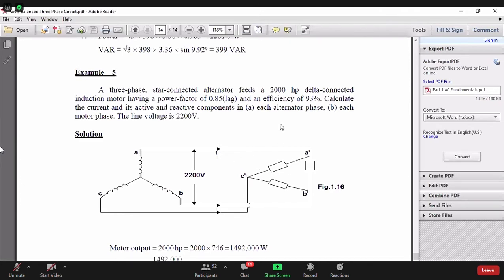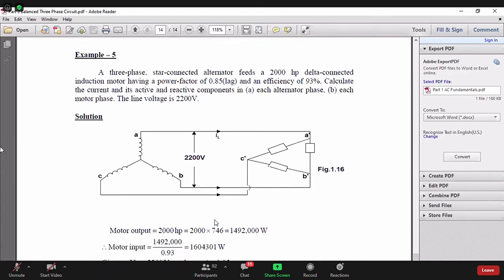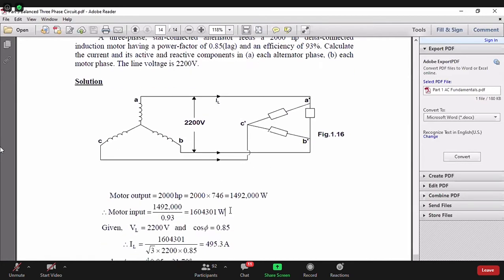For that, the efficiency of the motor is given, 93%. So first convert this 2000 HP to its equivalent watt. So multiply it by 746. Divide it by the efficiency. You get the electrical power. So this amount of power this motor is drawing.